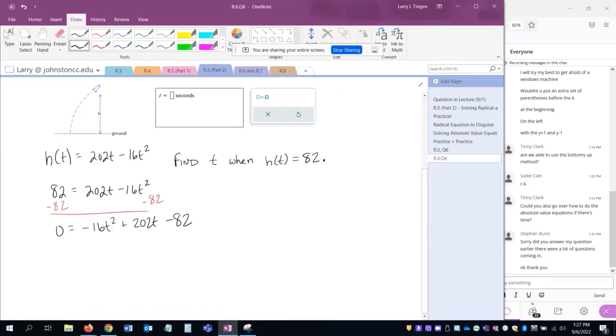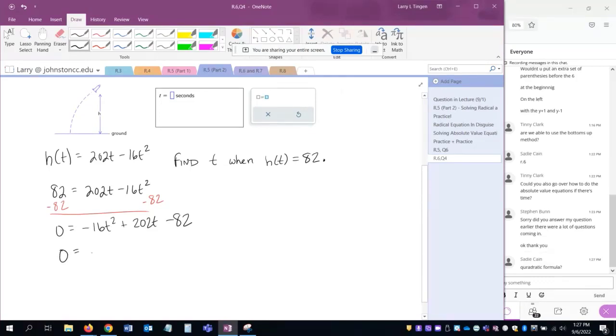Okay. First thing, quadratic formula. We're going to end up there. First thing, we have common factors. Everything is divisible by 2. So let's see if I can make my problem a little easier by using smaller numbers. Minus 41.